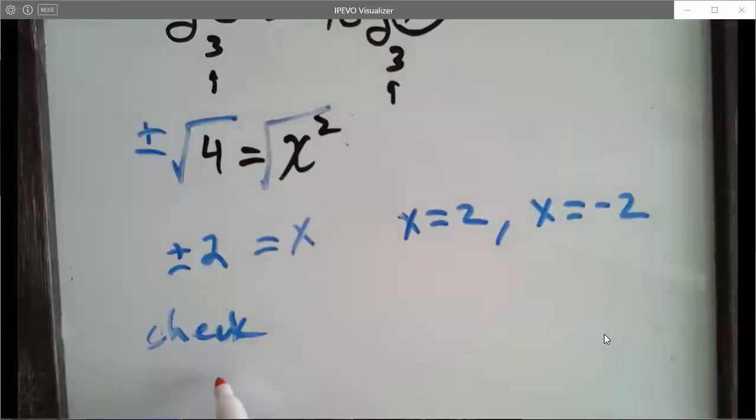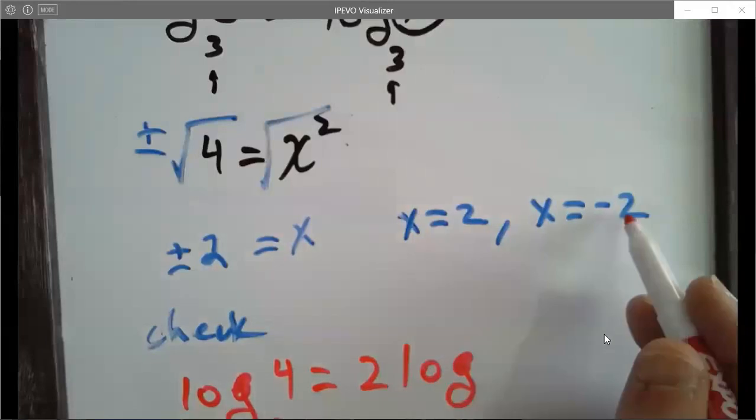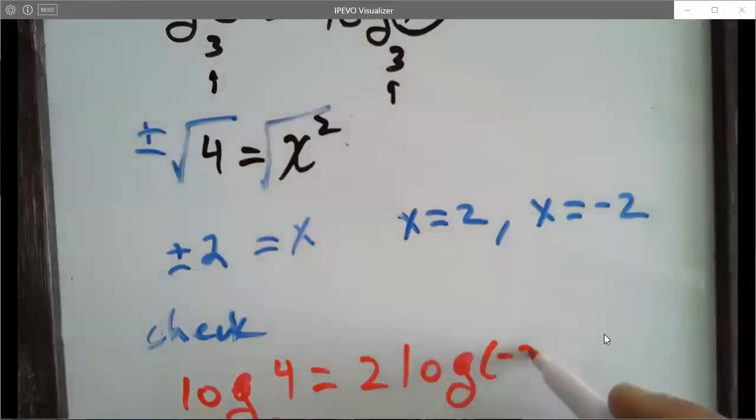We go back and check by substituting each value in. Log 4 base 3 should equal 2 log, and then we substitute in. We're going to substitute in negative 2 first.